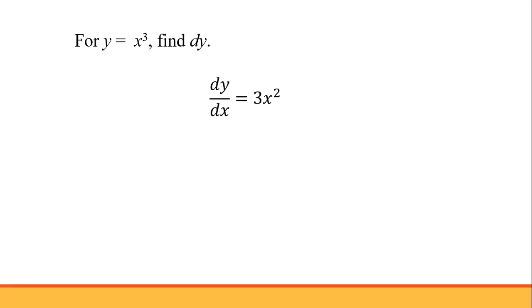So if we take the derivative of y with respect to x, that derivative will be 3x squared. But if we want to find the change in y, dy, we could take both sides of that equation and multiply both sides by dx. Multiply both sides of the equation by the change in x. And we'll see that dy, the change in y, is 3x squared times dx.